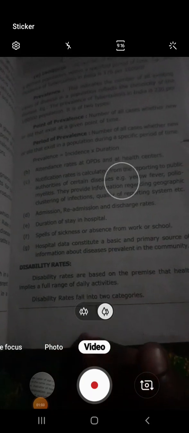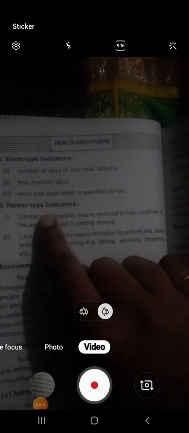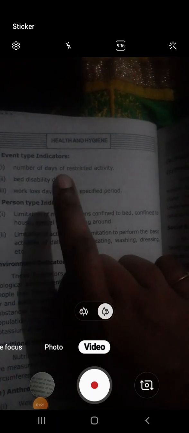And coming to next, disability rate. Disability rate is based on the full range of daily activities. It falls into two categories: event type indicators and person type indicators. Event type indicators are the number of days we are doing activity, bed disability days, work loss days within a specific period.